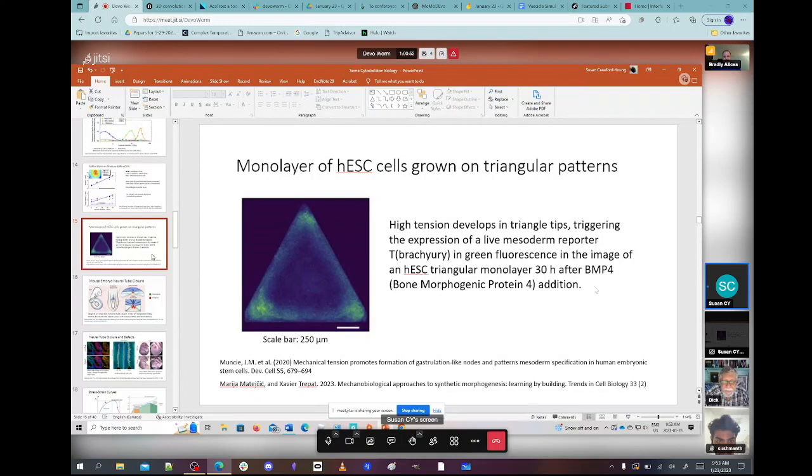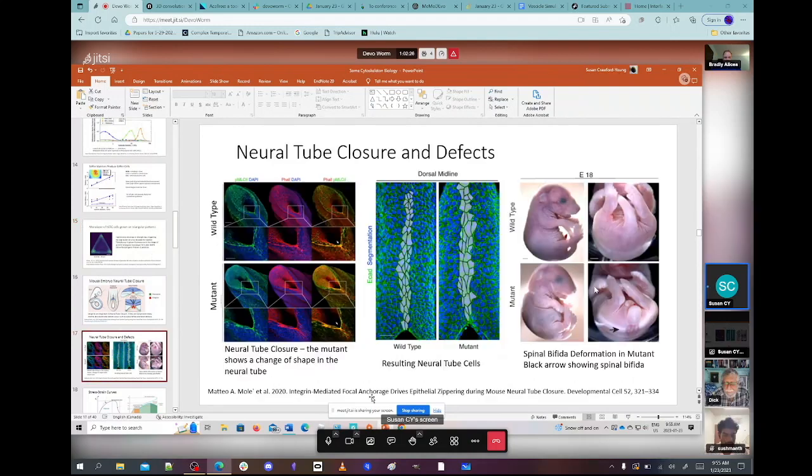Even the shape of the neural tube changes if you don't have the integrins holding it to the extracellular matrix. So this is wild type, the way it's supposed to look, and this is the mutant without the integrins attaching.